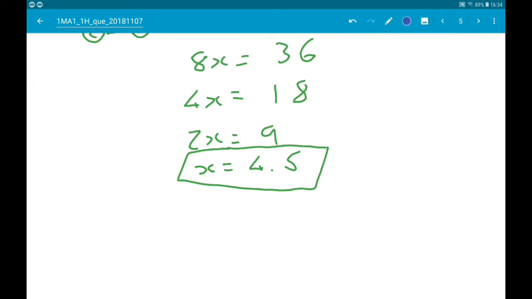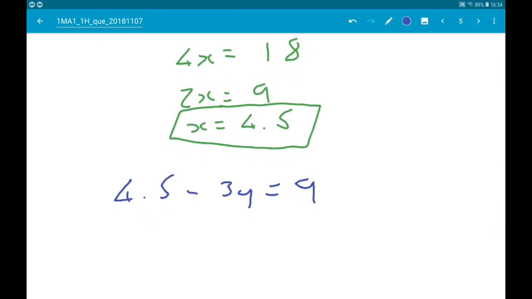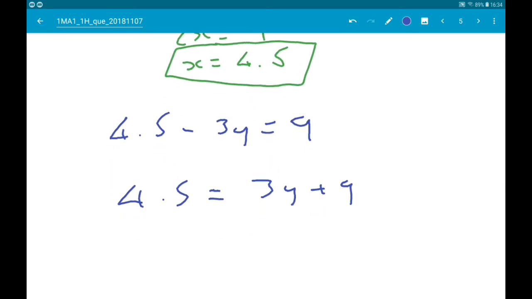So that means 4.5 minus 3y is equal to 9. Now if we add the 3y, we get 4.5 is equal to 3y add 9. Take away the 9. 4.5 minus 9 is minus 4.5.